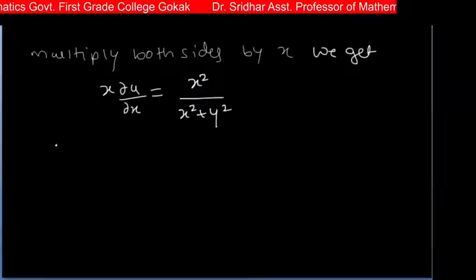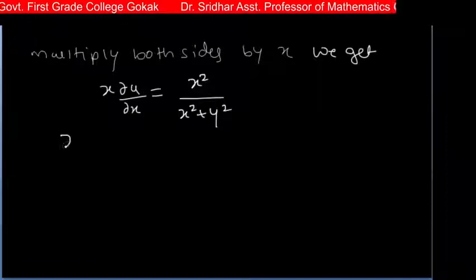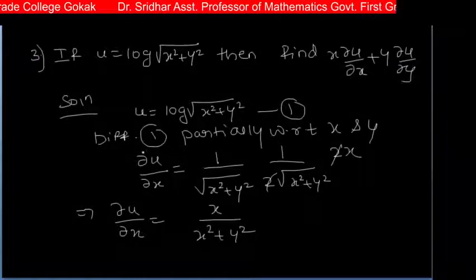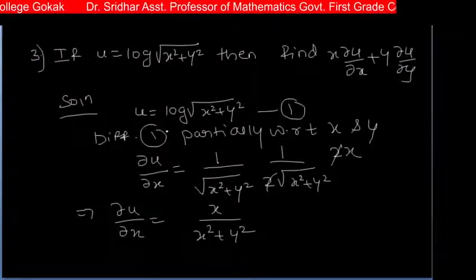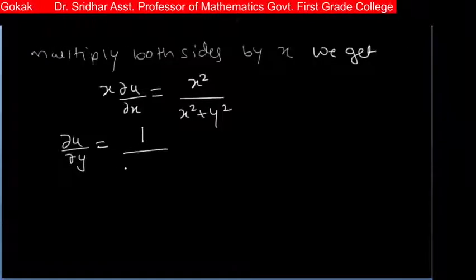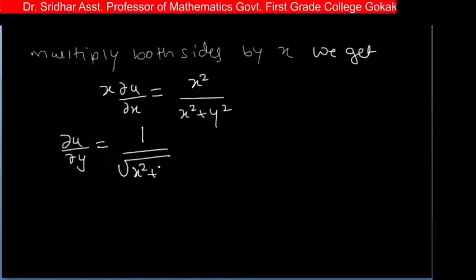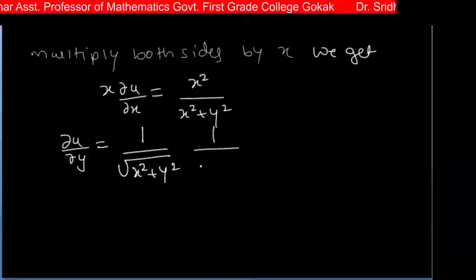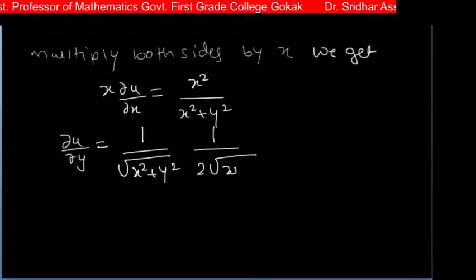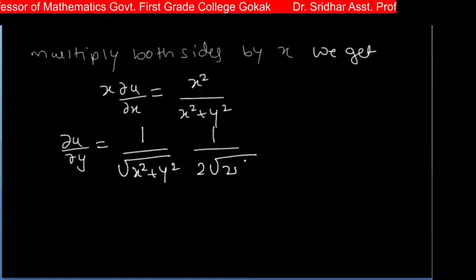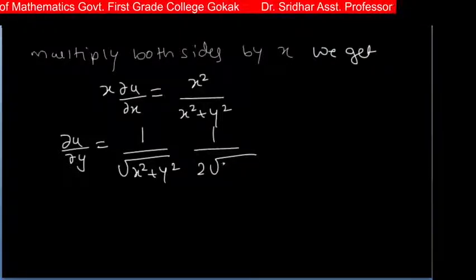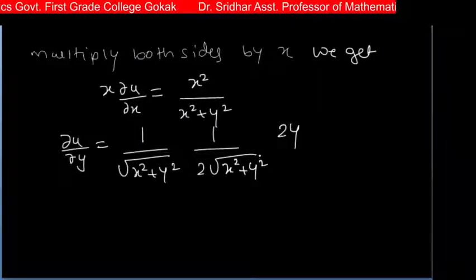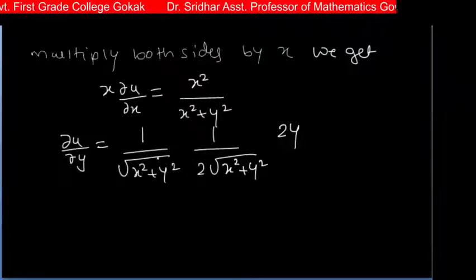Okay, now similarly differentiating partially with respect to y, so du by dy is equal to, so differentiate this partially with respect to y, again it is 1 divided by square root of x square plus y square into again differentiation of root of x square plus y square, it is x square plus y square into differentiation of x square plus y square with respect to y, it is 2y.